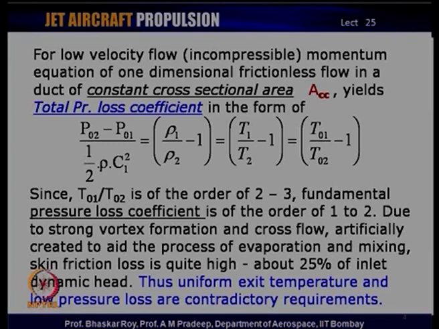And as a result, the uniform exit temperature and low pressure loss are contradictory. That means, if you want uniform temperature at the combustion chamber delivery and you want a reasonably lower temperature, so that it is comfortable for the turbines, then that is contradictory to the low pressure loss requirement, because to achieve those two things you would invariably lose a lot of pressure.